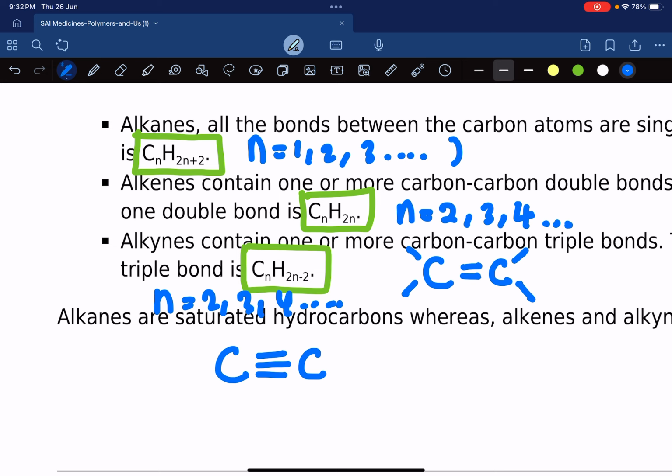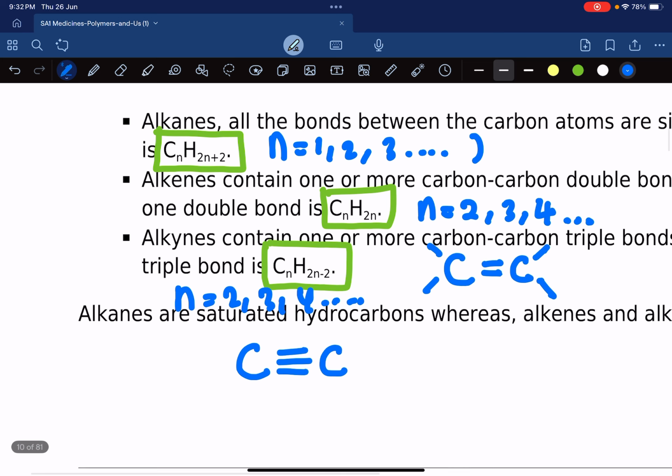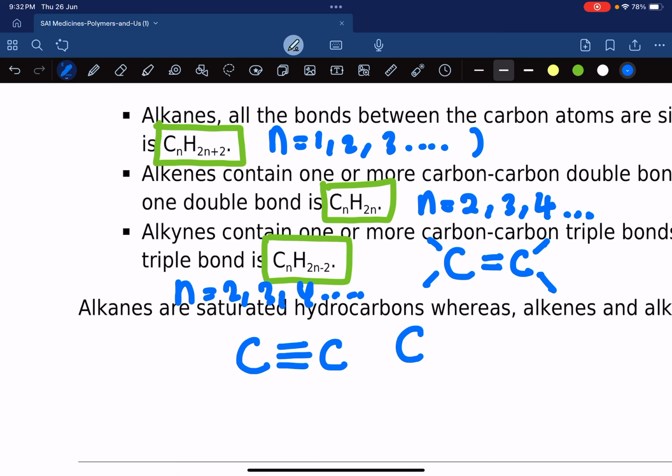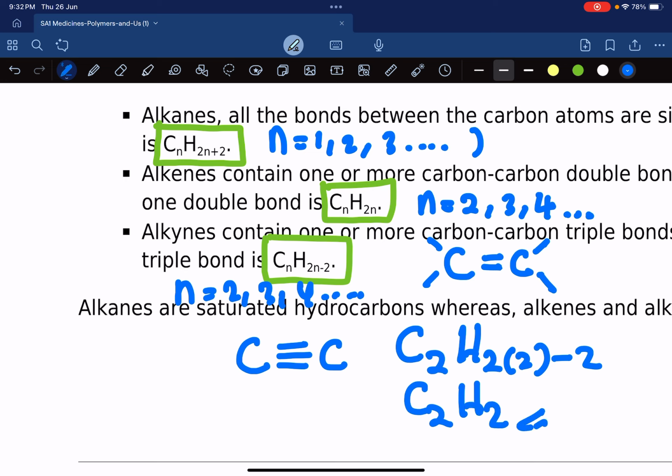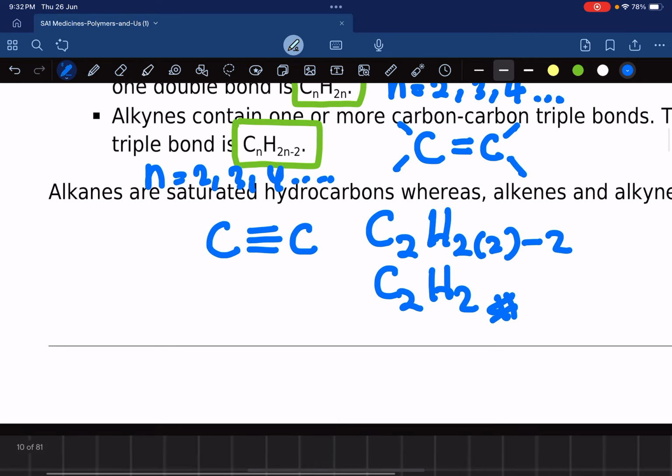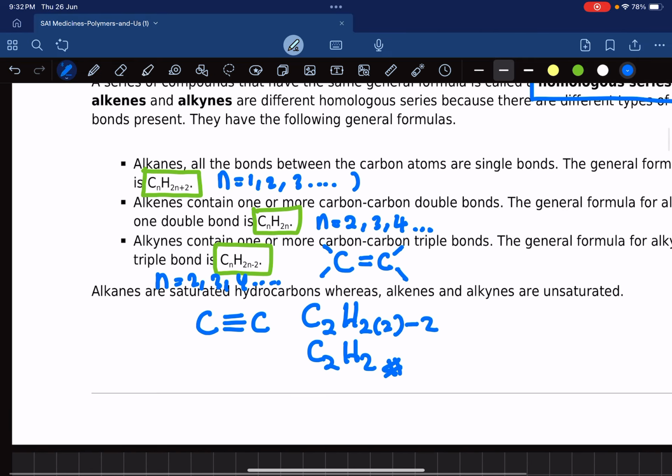Minimum for alkynes is also 2 carbons. So when N is 2, let's put it into the formula. When C is 2, H is 2 times 2 minus 2, so you end up with C2H2. This is the most basic unit of alkyne. Are you okay with this so far?